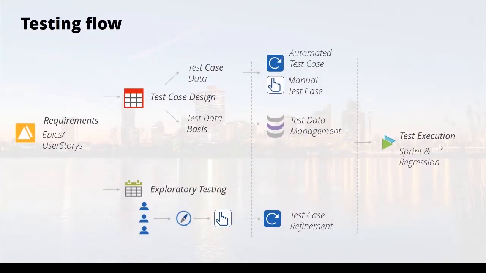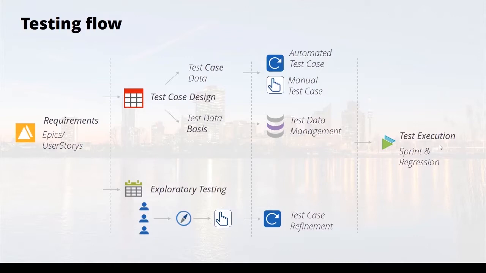Let's come to a testing project and discuss the possible flows for our testing activities. Let's say we have a testing project and a new sprint starts. We would need to define our requirements on what to test. We might have epics and user stories. Then we can decide, do we want to go for specification-based testing?